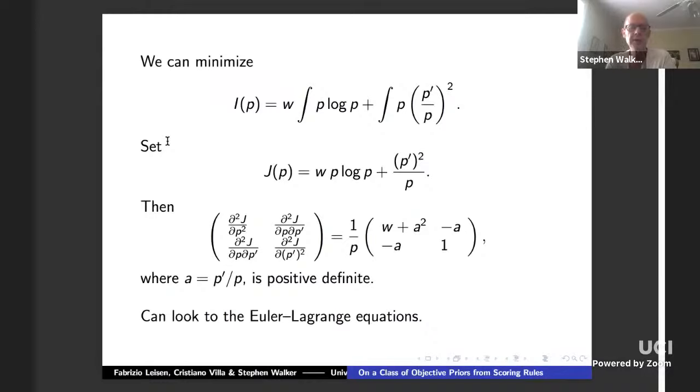And by virtue of doing that, we do now have Euler-Lagrange equations which we can solve and obtain a minimum. So if we look at the second derivative matrix here, we can find that it's positive definite. And so those give us the conditions for being able to solve the problem. And actually, if we then get the Euler-Lagrange equations, we get exactly the same equation as we did with setting the score function to be 0.